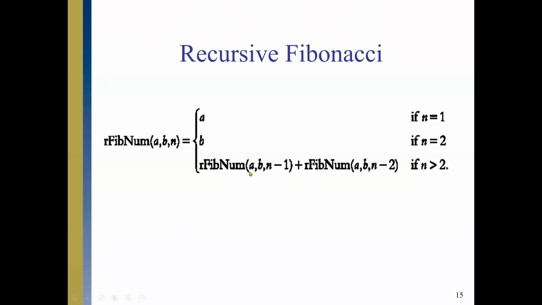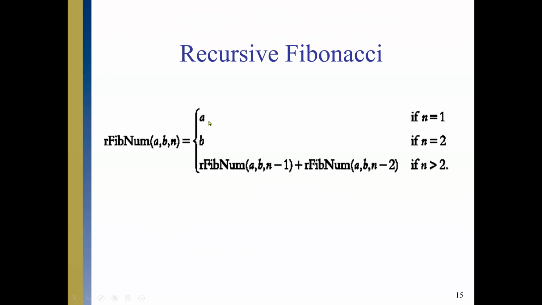Other than that, if we have more than 2 items, then we add the two previous values. So we call the function fib(n minus 1) plus fib(n minus 2). If I'm in the n position, n minus 1 means the previous value, n minus 2 means the two previous values. So we have addition here, we are adding the two previous values. This condition is only if n is greater than 2. If I have only one value, Fibonacci of 0 is 0. Fibonacci of 1, there are no two previous values, so it's the same value.